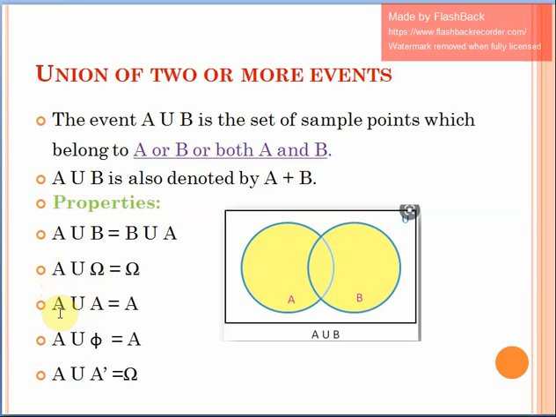The third is A union A equal to A. A union phi, where phi is a null set, is A. And A union A complement is nothing but the sample space. These are the properties of union of two or more events, and these properties are useful when we are discussing the properties of the probability theory.